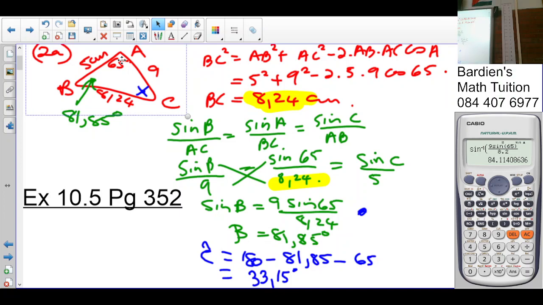No, I used 65 and then I did sine C over 5. So you calculated C first. Yeah. Okay, so it depends on which route you follow. Because it's approximation, that's all.